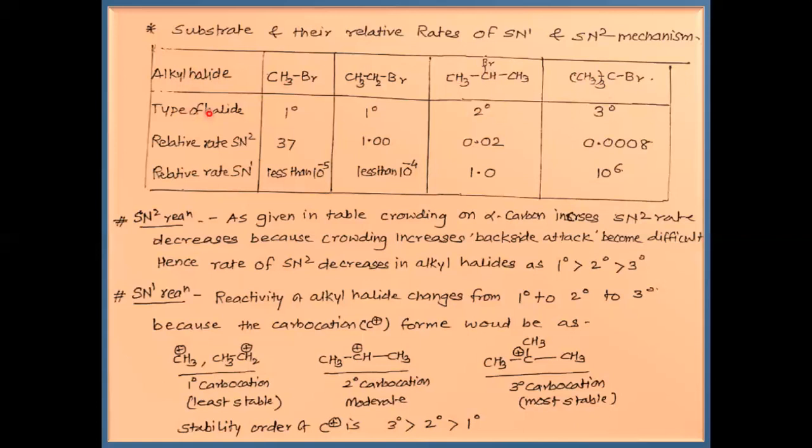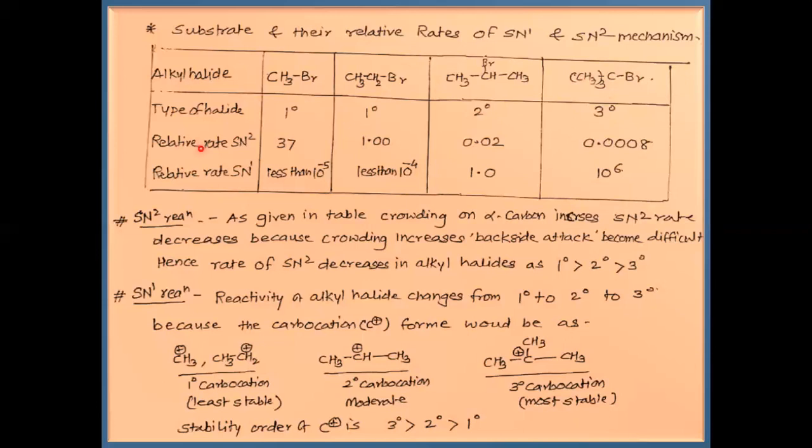In these alkyl halides, their types: this is a primary alkyl halide, this is also a primary alkyl halide, this is a secondary alkyl halide, and this is a tertiary alkyl halide, with the halide attached to a carbon which is directly bonded to three other carbons.